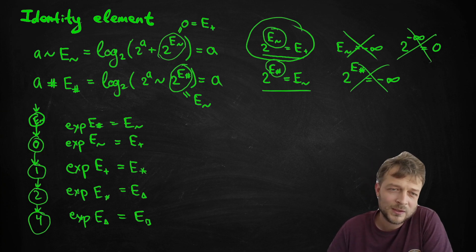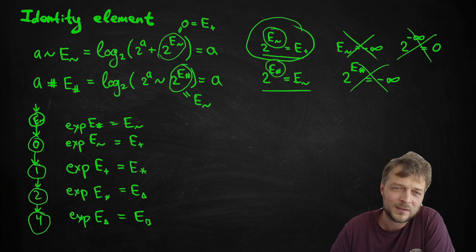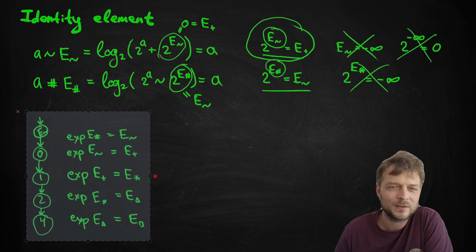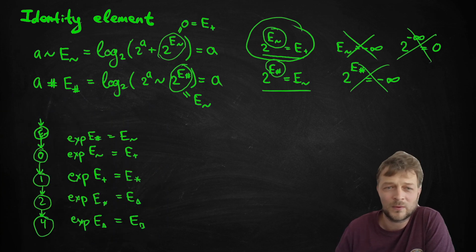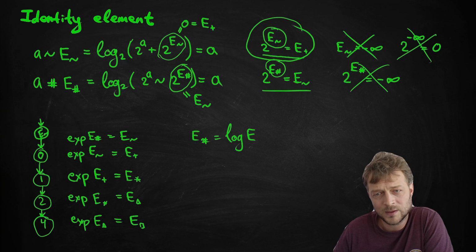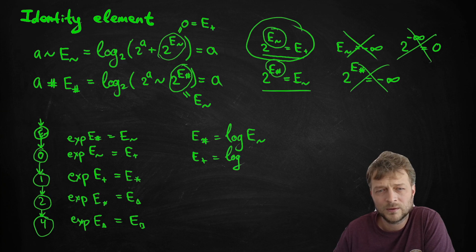And if we take logarithm of this, let me just somehow make it a bit smaller. We can take logarithm of this and we can get something like E sharp is equal to log of E tilde, and E tilde is log of E plus.